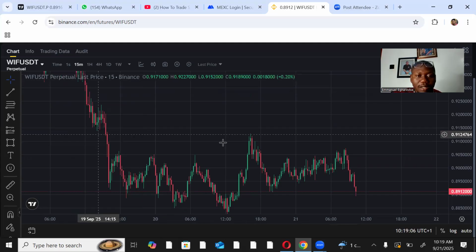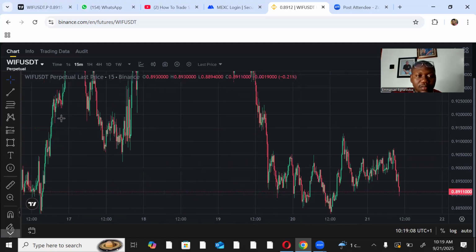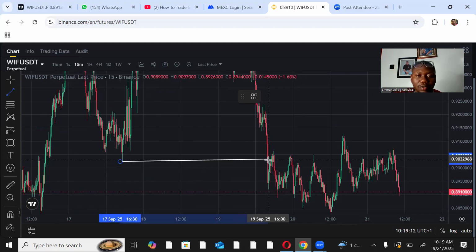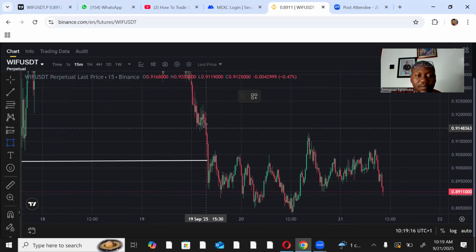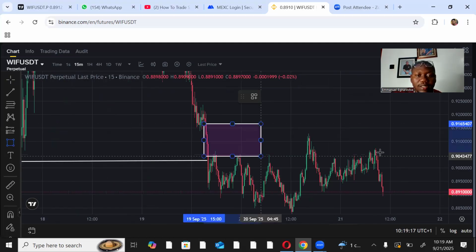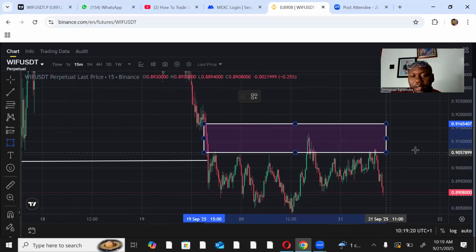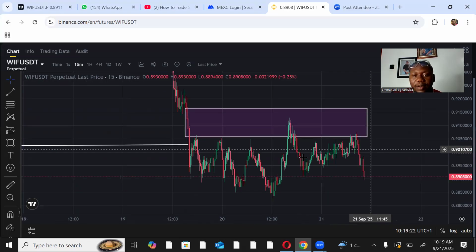So look at the breakout structure here. What will price do next? It's going to go back to a fair value gap to rebalance itself. This happens all the time. Can you see? It's going back there now to rebalance itself.